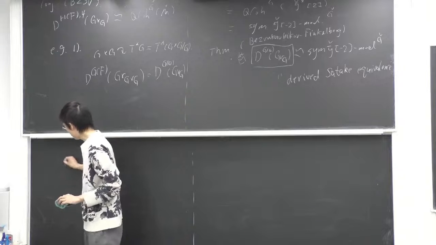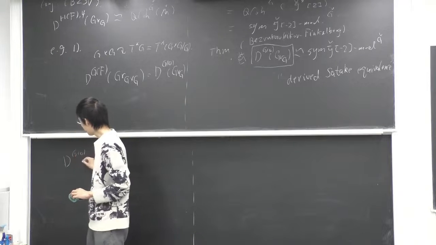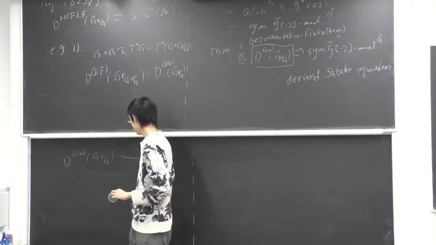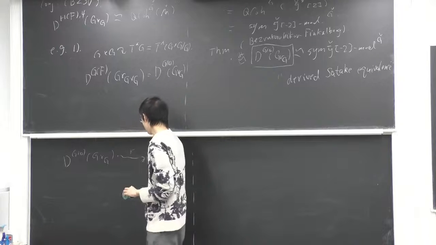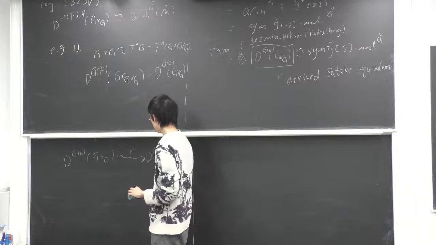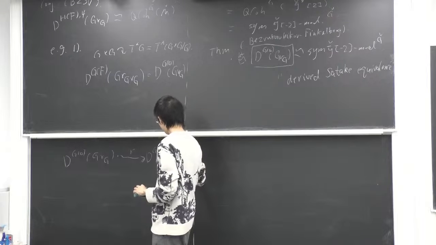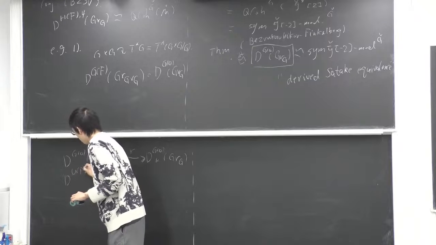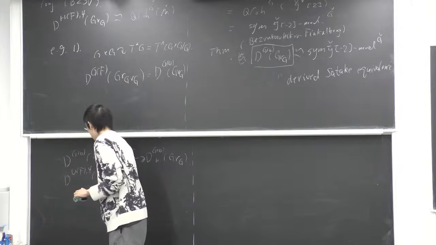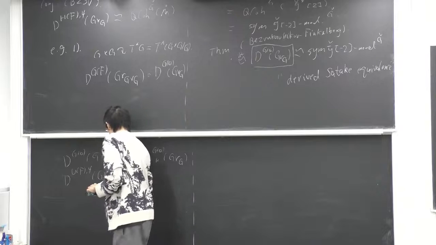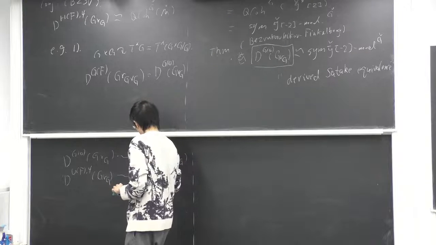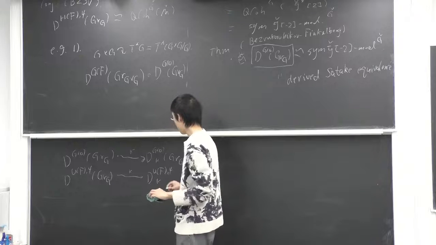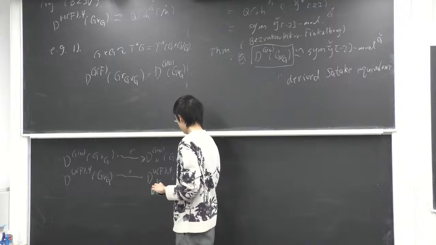That is to say, the category of G_O equivariant D-modules on the Grassmannian has a deformation given by G_O equivariant kappa twisted D-modules on the Grassmannian, and as well as for the U_F, chi equivariant D-modules on the Grassmannian, you have a deformation which is given by U_F, chi equivariant kappa twisted D-modules on the Grassmannian.